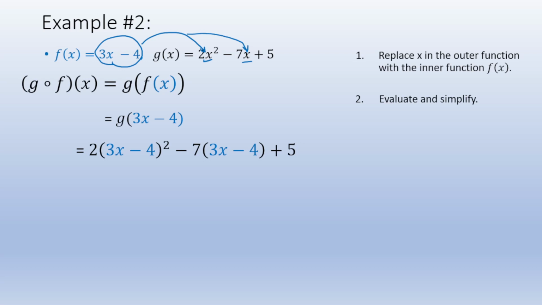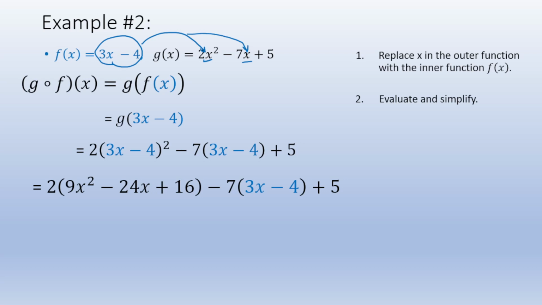Here, the first thing we'll do is take (3x minus 4) squared, that's the exponent. So remember that (3x minus 4) squared is (3x minus 4) times (3x minus 4). Foiling that out will give you 9x squared minus 24x plus 16. So we'll multiply that by the 2, bring everything else down, and now let's go ahead and multiply.